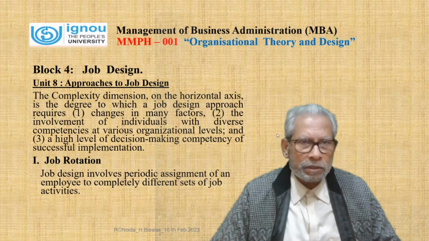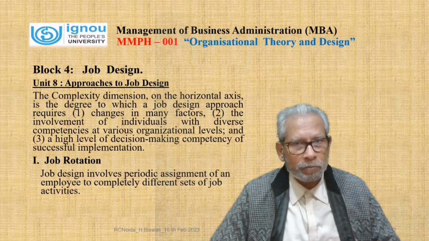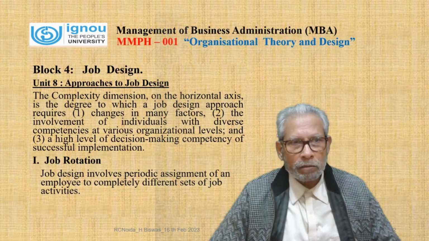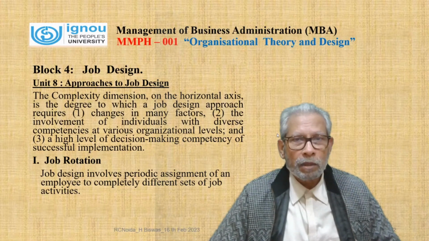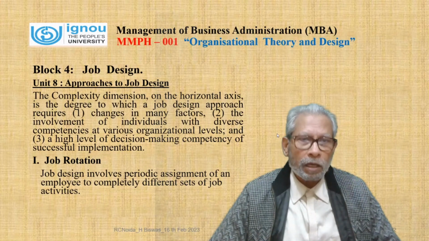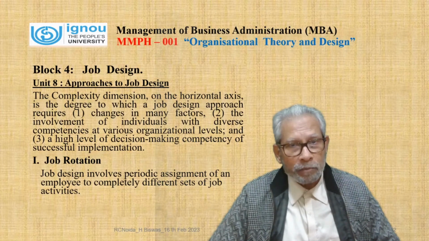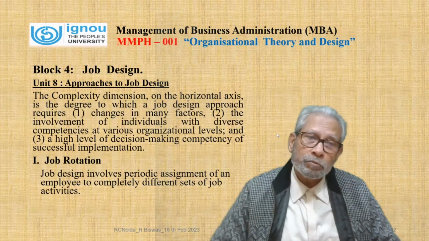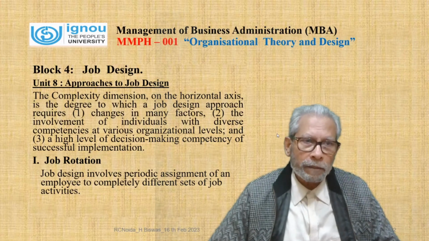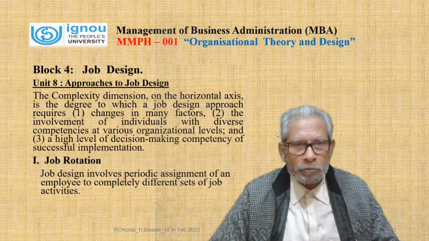The complexity dimension on the horizontal axis is the degree to which a job design approach involves changes in many factors and the involvement of individuals with diverse competencies at various organizational levels, and a high level of decision-making competency for successful implementation. So there are three approaches given.